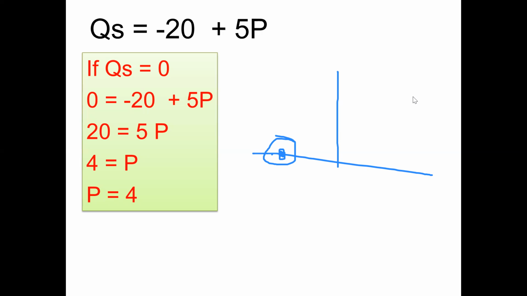Diana, what do we do? You must have done three examples. My question is, to draw the supply curve, what do we do next?